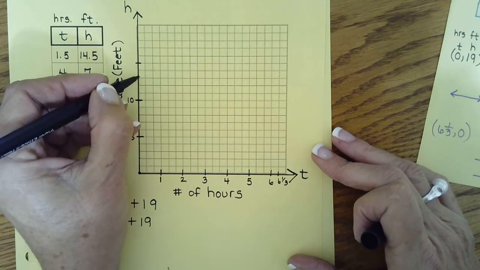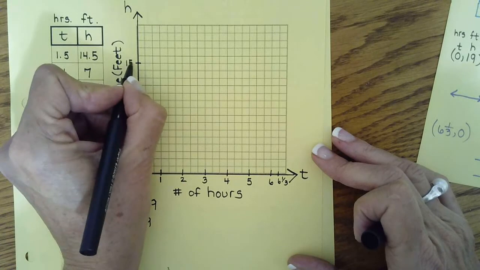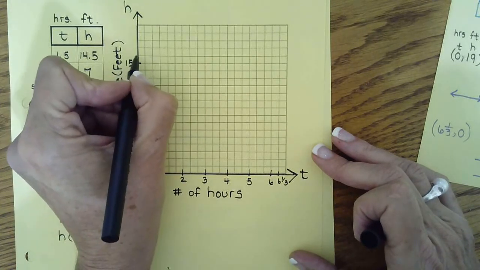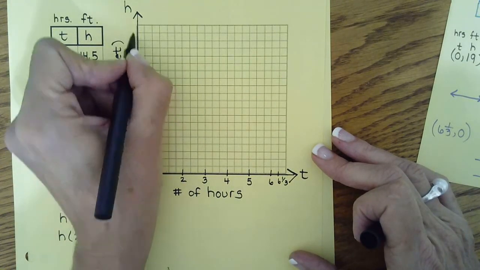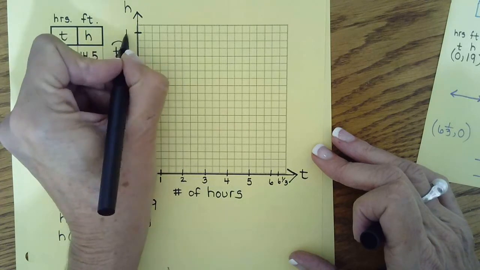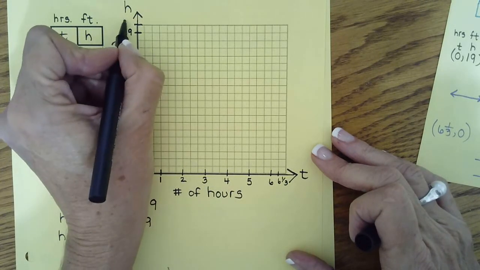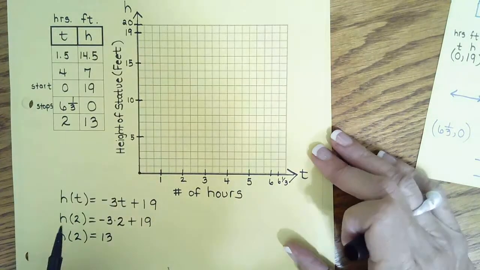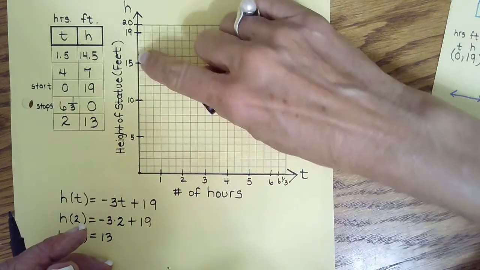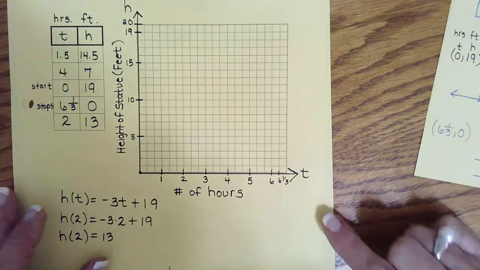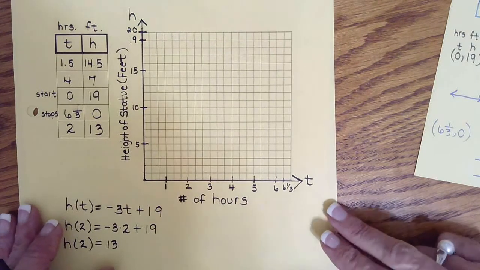Ooh, we're just barely making it, huh? 16, 17, 18, 19. And you can label 22 if you want. We don't need it, but then you're consistent, 5, 5, 5, 5. But I needed 19 there because I saw that on the table.